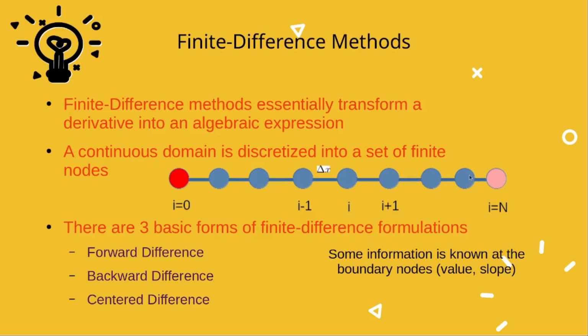For simplicity, we space these nodes equally apart. Here, delta x is the distance between two nodes. From the center of this node to the center of that node, the distance is delta x, and that's the same between any two nodes we have.